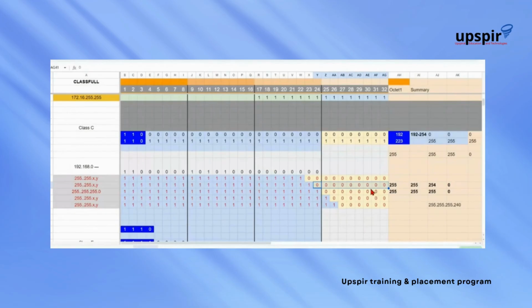So this will not be called classful subnetting. This will be called classless subnetting, right? So now you can use this particular IP address and allocate more machines to your same network.